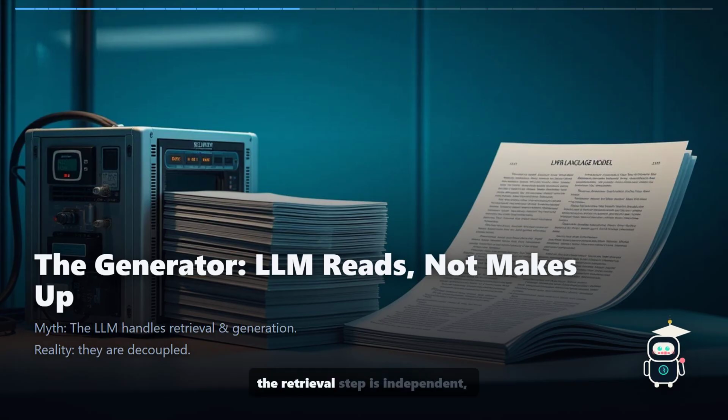Because the retrieval step is independent, you can often swap in a different LLM with minimal changes. The key is that the model's language fluency combines with your up-to-the-minute data, so the answer stays grounded even as your documents change. And when you see the code example next, remember it's a deliberately simplified starting point.